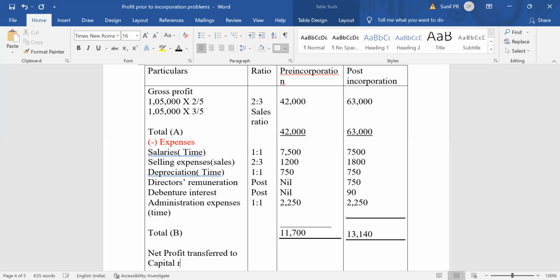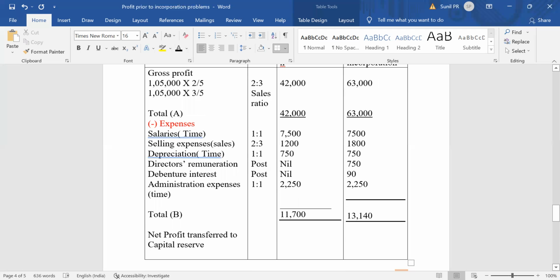Net profit of post-incorporation will go to the Goodwill P&L account. So net profit of pre-incorporation we have already done. What is the amount? 42,000 minus 11,700. So what is that amount?